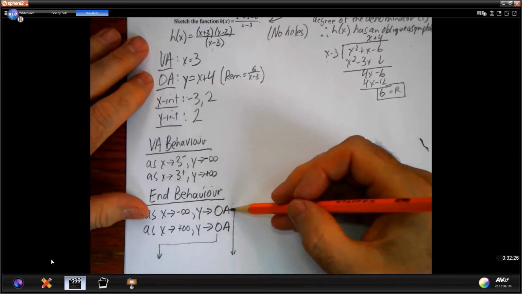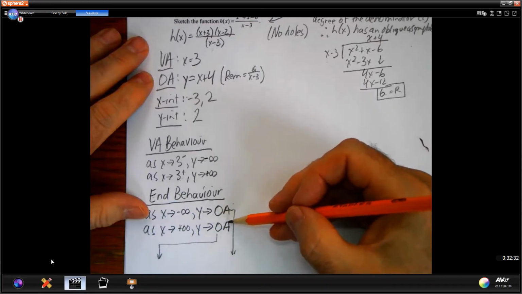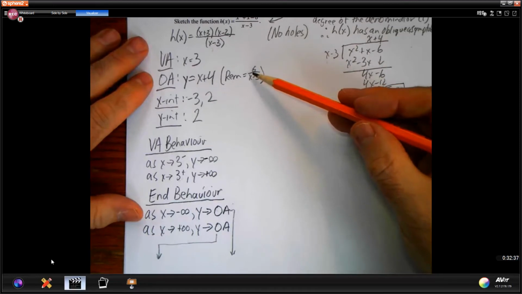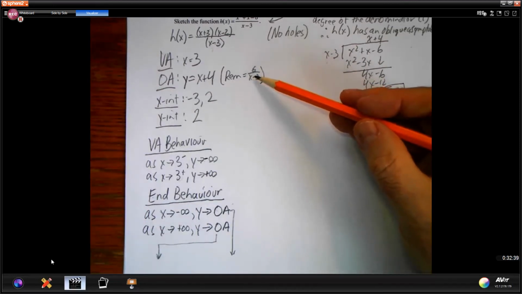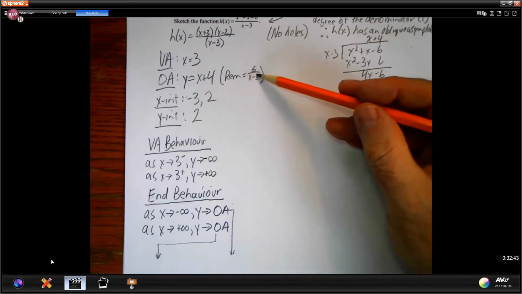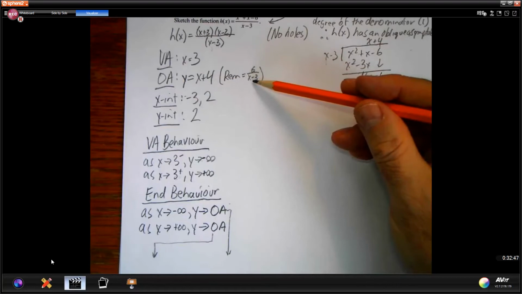Well, it's not going to be the same because it's approaching, but will it be higher or lower than the line? The way I can get that is from the value of the remainder, because the remainder is what I add on to the line. It's the value that I add to the oblique asymptote y value to get where my curve is.